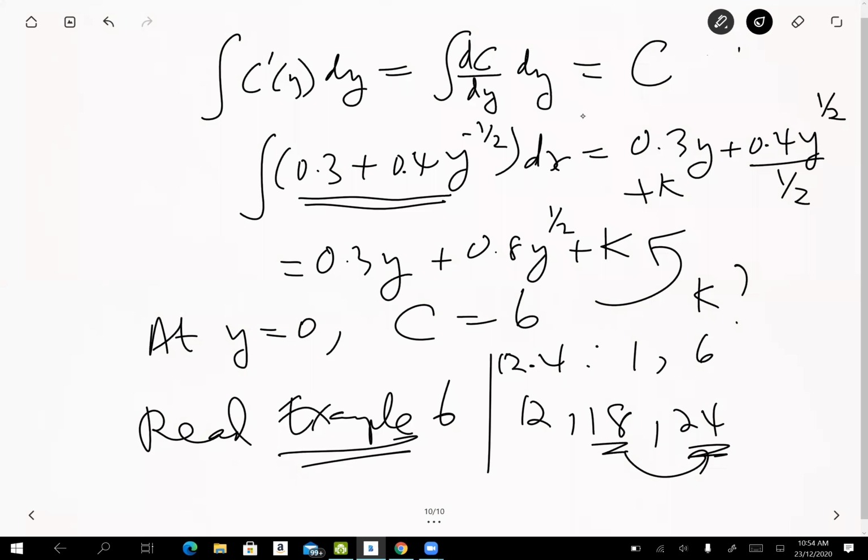Okay, good. Now, we'll go to chapter 13. Chapter 13 is an extension of chapter 12. Chapter 13 is about the definite integral.